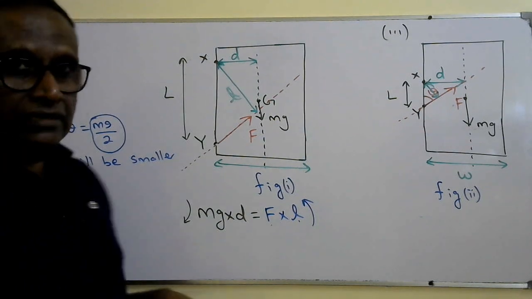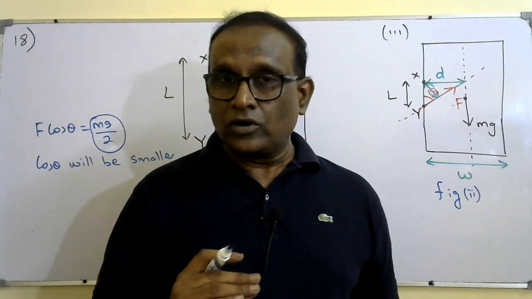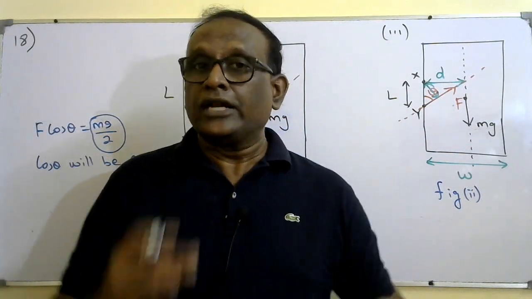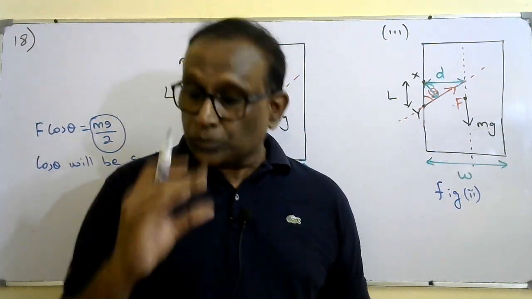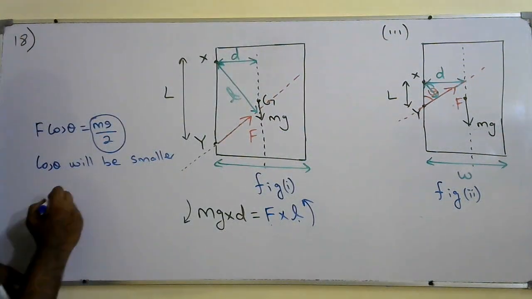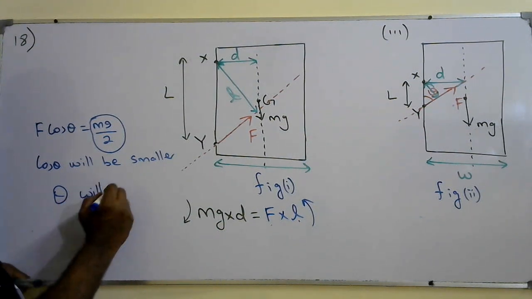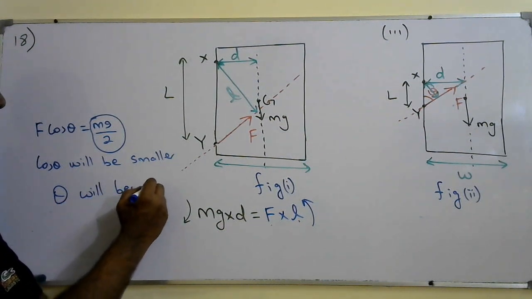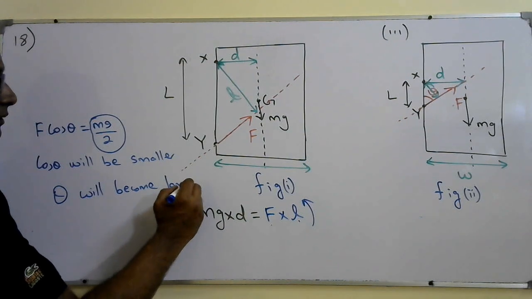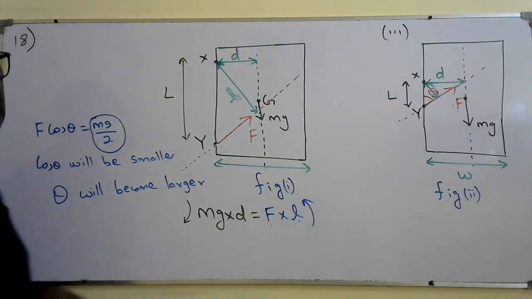When the cos value becomes smaller, you can check on the calculator, theta will become larger. So theta will become larger.